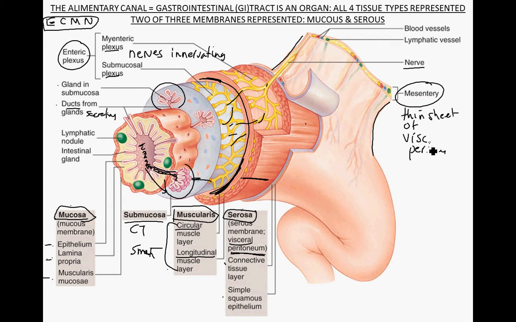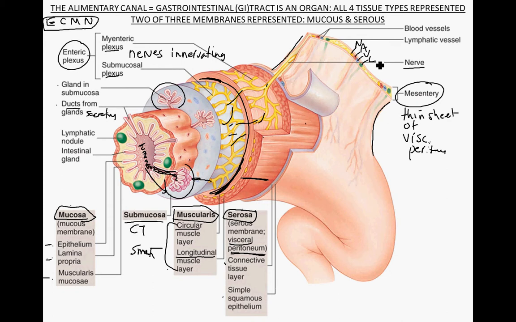But again, that mesentery, you can see it's kind of like a sandwich here that is containing the yellow, the nerve, the red, the arteries, the blue, the veins, and then the green is lymphatic. So nervous tissue, artery, vein, and lymphatic tissue, all the nerves innervating, sending action potentials.